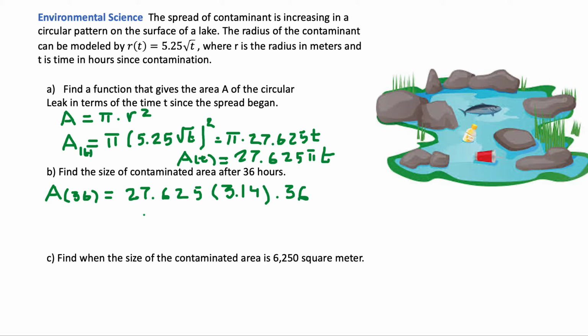Now we just plug all these values in a calculator, and A of 36 is going to give us, I'm not going to do all this work because it's going to take a long time, 3,117.2 meters square, because as we said in the beginning, the radius is in meters and time is in hours.